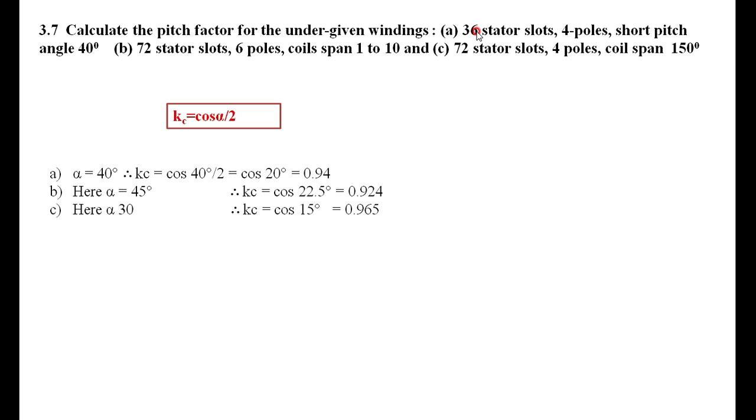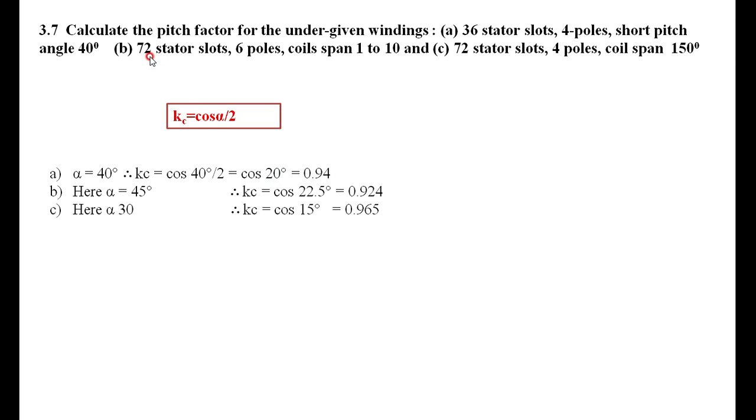We are not bothered about the 36 slots and the 4 poles because our Kc is cos alpha by 2. What I want is the alpha, but alpha is already given here as 40. Therefore, alpha is equal to 40. Therefore, Kc is equal to cos 40 by 2. Therefore, cos 20, that is 0.94.